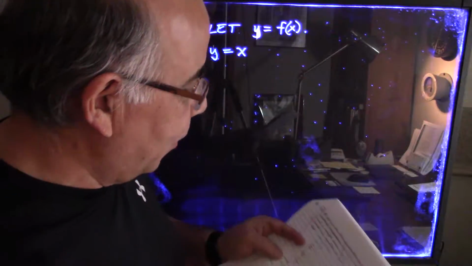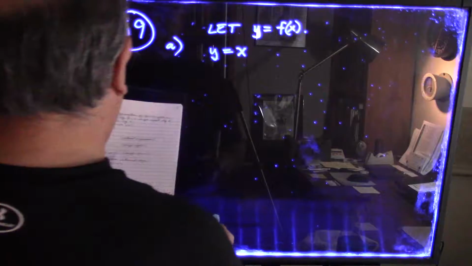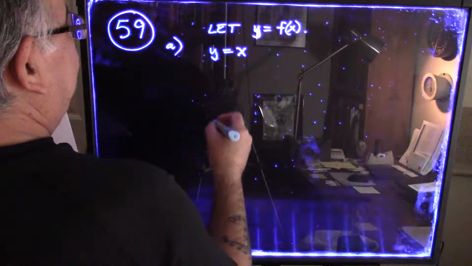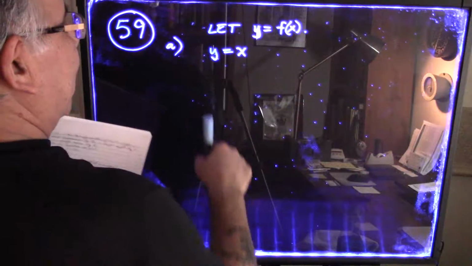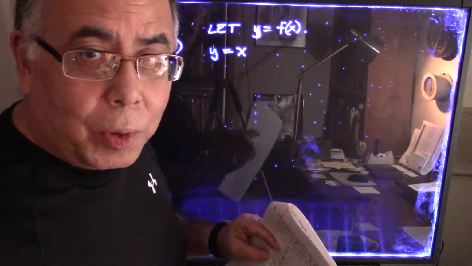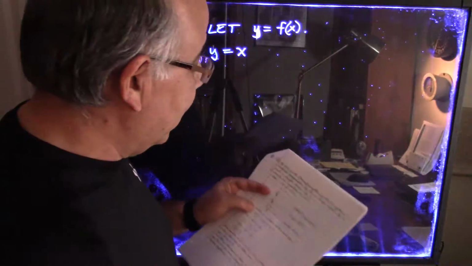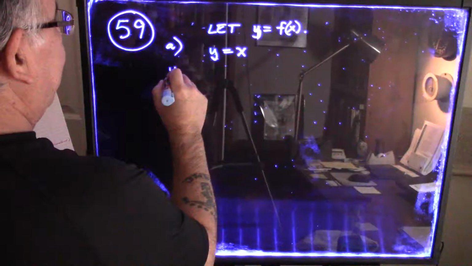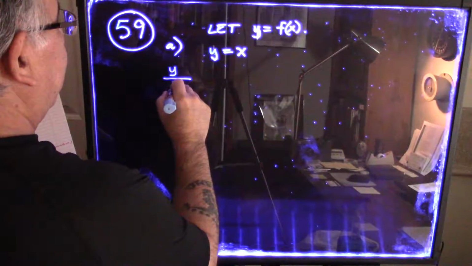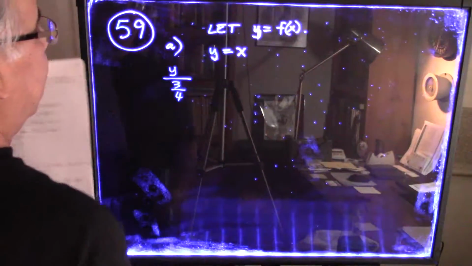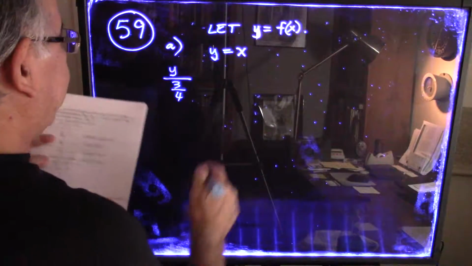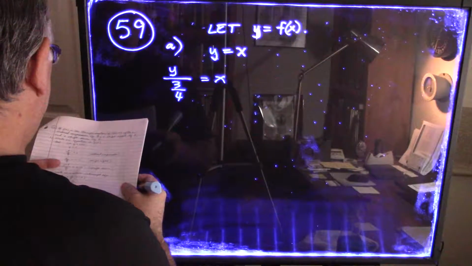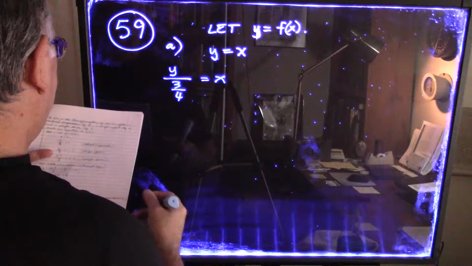Anyway, we've got a vertical compression by a factor of 3/4. So vertical suggests the y-axis, because the y-axis is the vertical axis, right? So what you do is you put 3/4 underneath the y. And then we've got equals x. And then we've got a shift to the right.